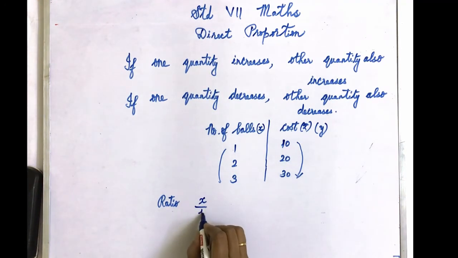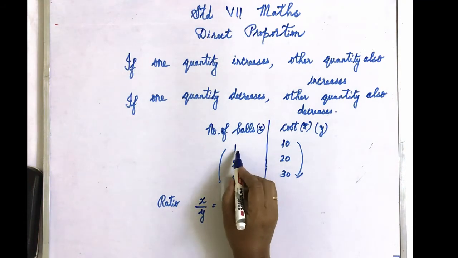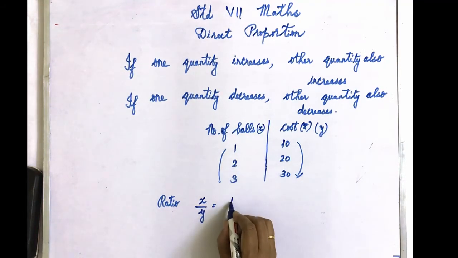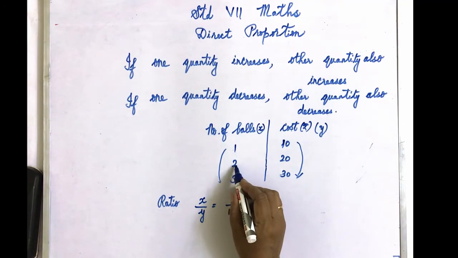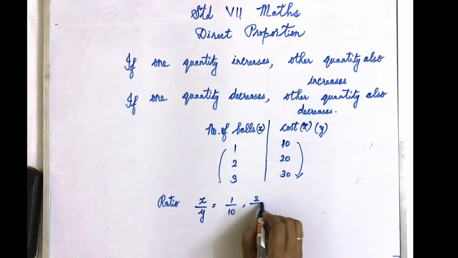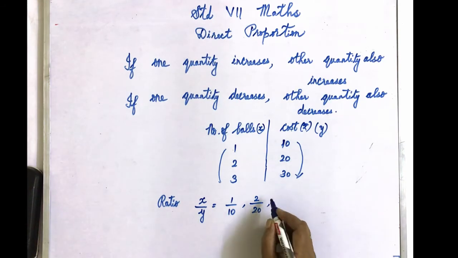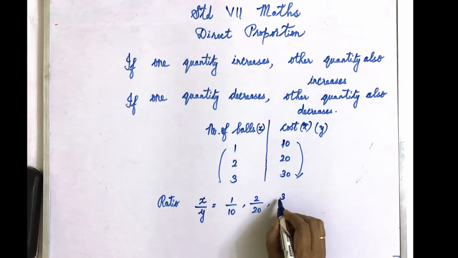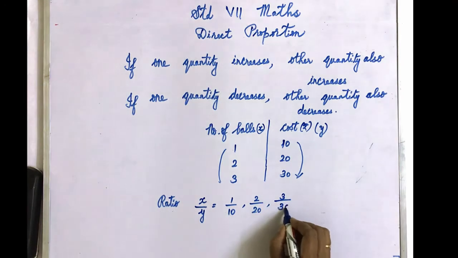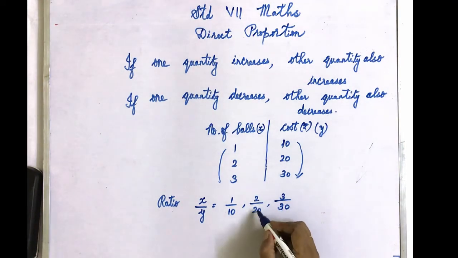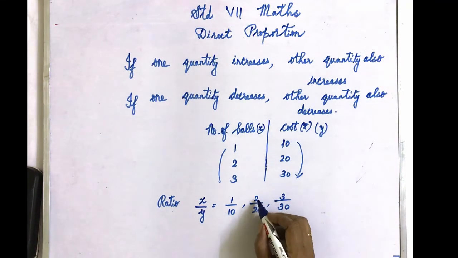So X by Y. In the first line, X is 1 and Y is 10. In the second, X is 2 and Y is 20. And in the third line, X is 3 and Y is 30. Now here 2 and 20 we can cancel by the 2 table.